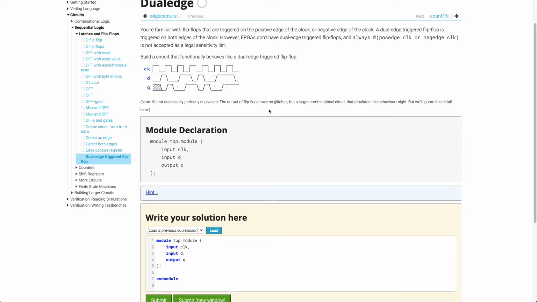So basically, you want to update your Q on any positive or negative edge of the clock, without using posedge or negedge clock.